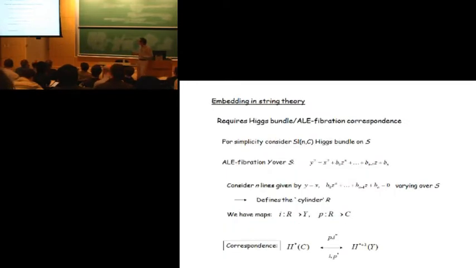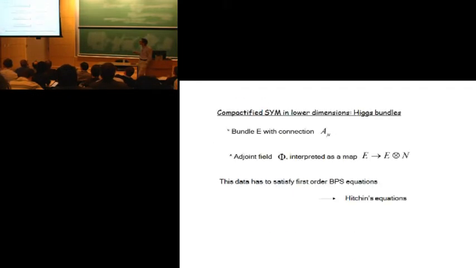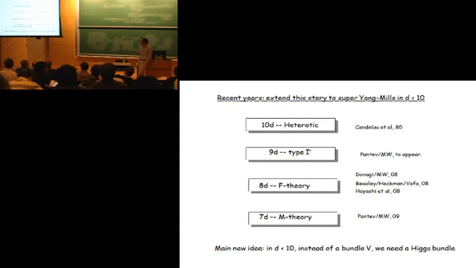Now I've emphasized this idea of compactifying Yang-Mills theories. If I briefly go back to this table, that's not quite how it's embedded in type I' theory, F-theory and M-theory. The usual definitions of F-theory, M-theory, and type I' involve geometries which develop ALE singularities.